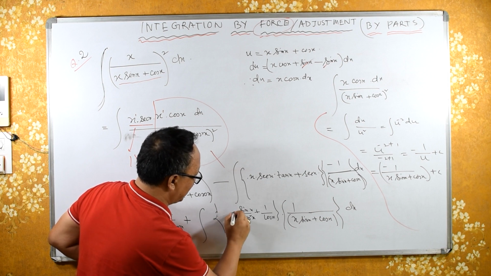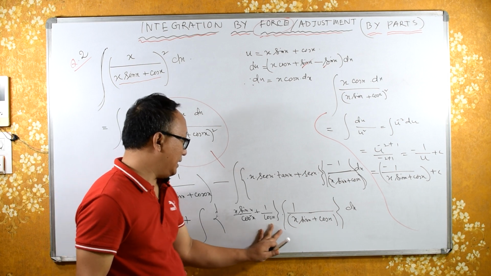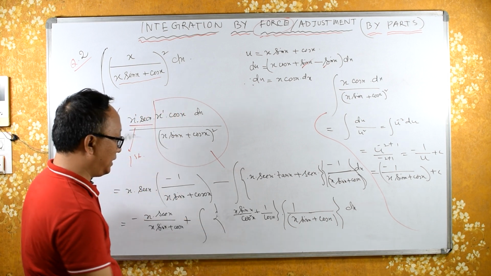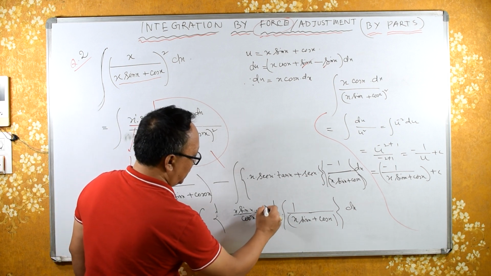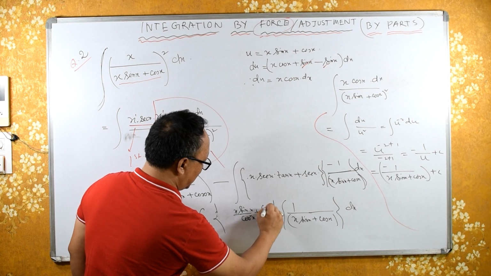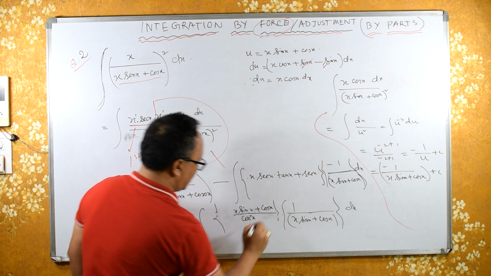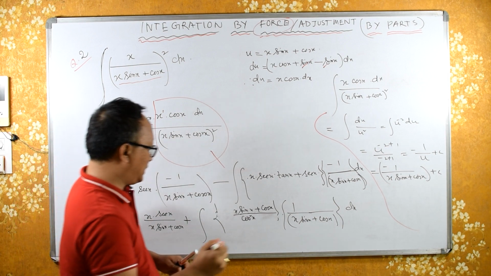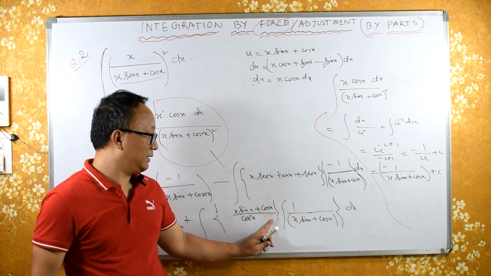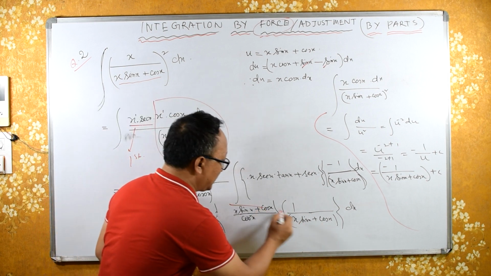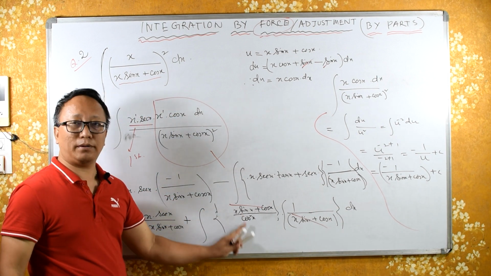Okay, now let's take LCM. If I take LCM over here, this will come cos square x upon cos x. Now x sin x plus cos x upon x sin x plus cos x cancel. These two get cancelled. What I have is only 1 by cos square. 1 by cos square is sec square.